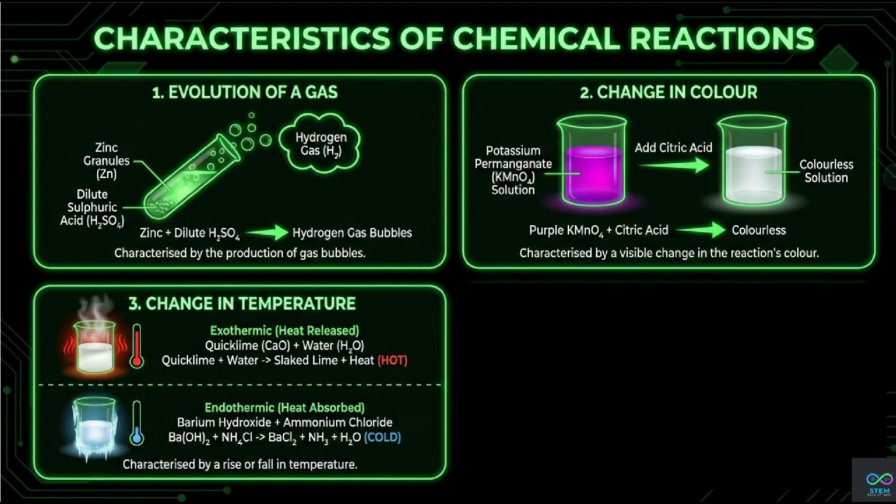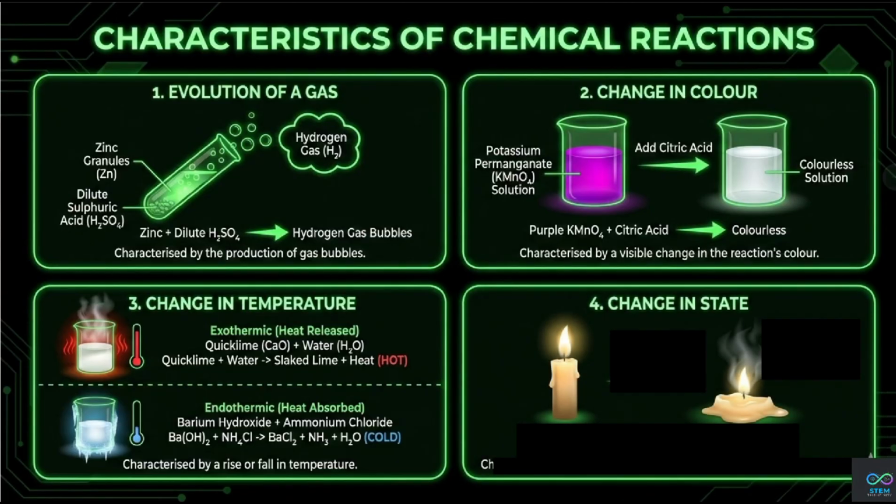A lot of heat energy is absorbed during this reaction, due to which the temperature of reaction mixture falls and the bottom of the test tube becomes very cold. Thus, the chemical reaction between barium hydroxide and ammonium chloride to form barium chloride, ammonia, and water is characterized by a change in temperature, which is fall in temperature. It is an endothermic reaction, which means heat-absorbing reaction.